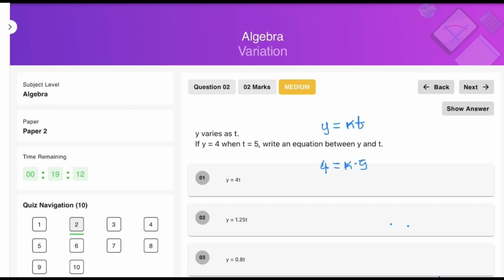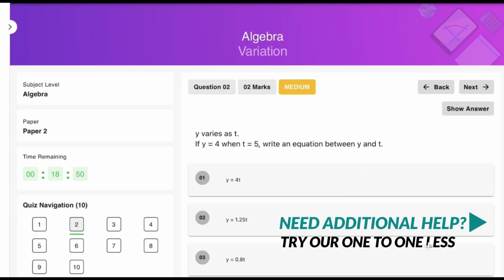So that is k is equal to 4 over 5, or if you are writing it in decimal form, that is 0.8. So then substituting that in, y is equal to 0.8t. So looking at it again, my solution will be the third one here.